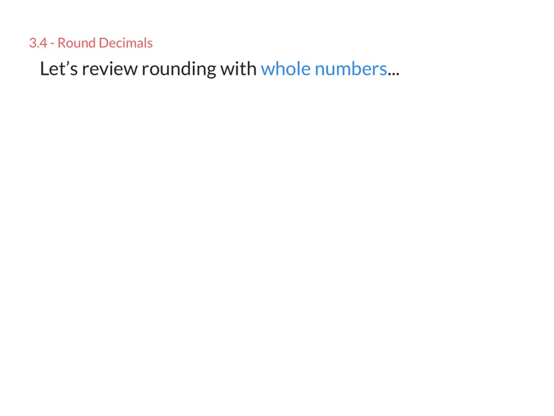All right, so let's say you have the number 672, and you were told to round this to the tens place. If you're rounding 672 to the tens place, the first thing you want to do is identify the digit in the tens place. In this case, it's the 7. So rounding that number to the nearest 10 means you're thinking about which two tens this number is between.